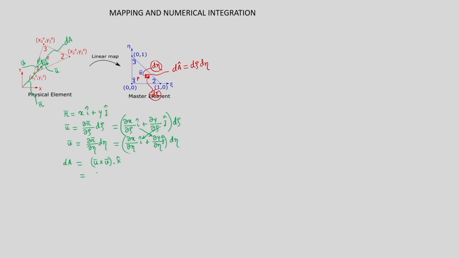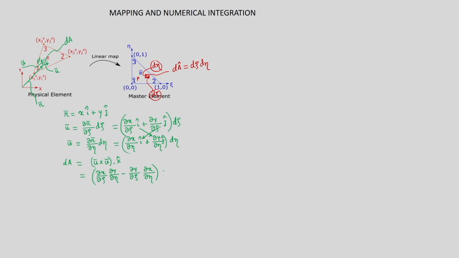So, what we are getting is del x del xi del y del eta minus del y del xi del x del eta, and we have a unit vector k.